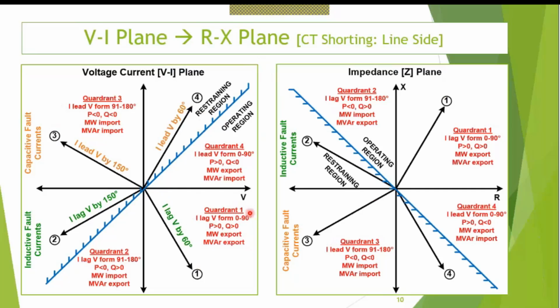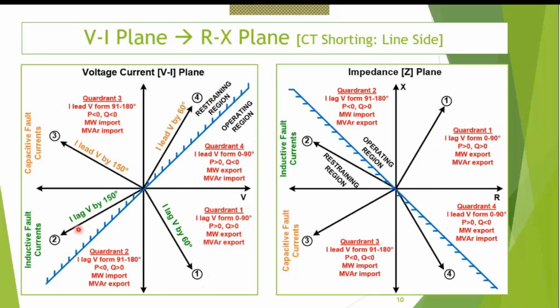So this is our majority fault scenario, the quadrant 1 that we call. Now this quadrant in the VI plane, the conventional fourth quadrant of the VI plane, is the first quadrant of the RX plane. This is the impedance plane, RX plane. So this quadrant is mapped over here.